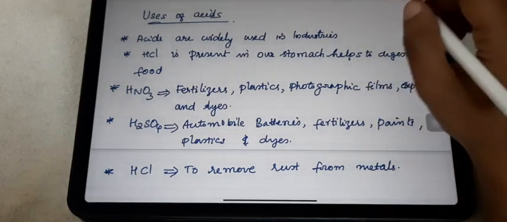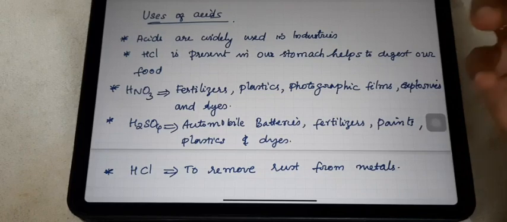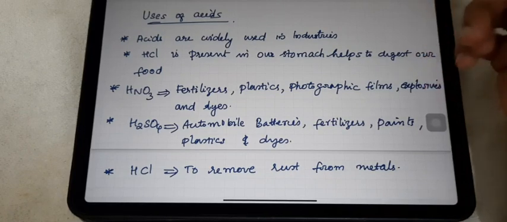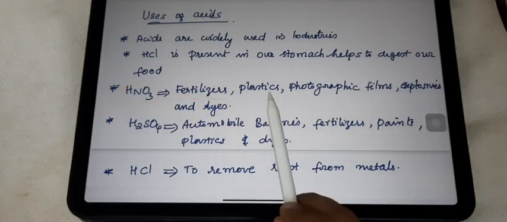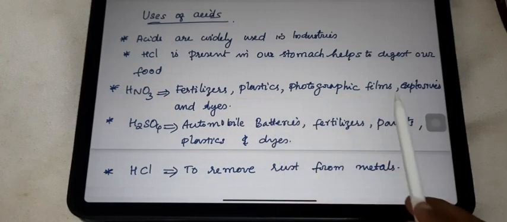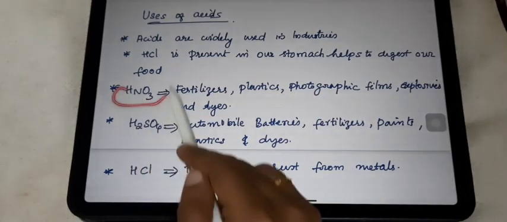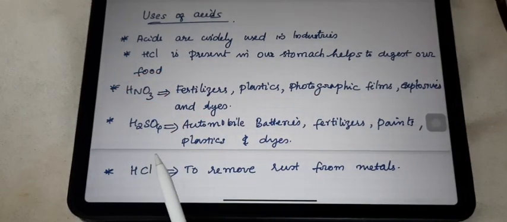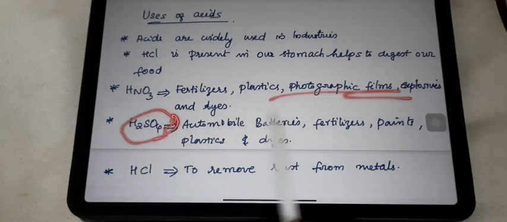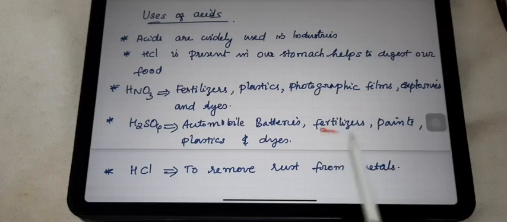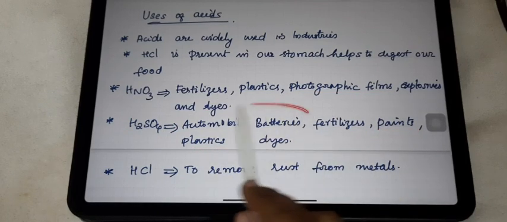Many industries use acids for preparing their products. HNO3, nitric acid, is used for fertilizer, plastic preparation, photographic films, explosives and dyes. Likewise, H2SO4 is also a component for fertilizer, paint, plastics, dyes and batteries.